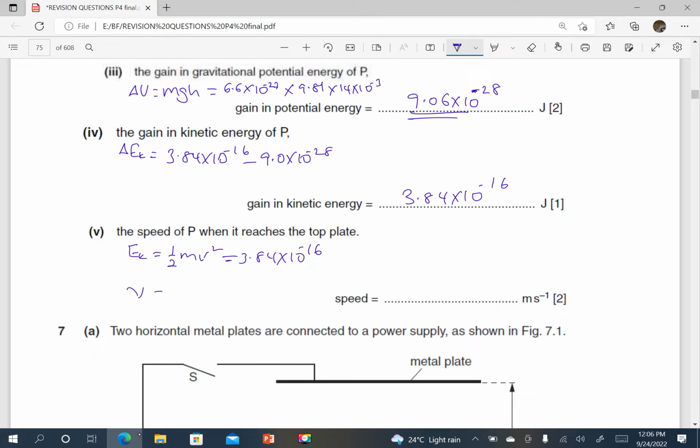So v is going to be the square root of 2 times 3.84 times 10 power negative 16 divided by the mass, which is 6.6 times 10 power negative 27. This is giving me 3.4 times 10 power 5 meters per second.